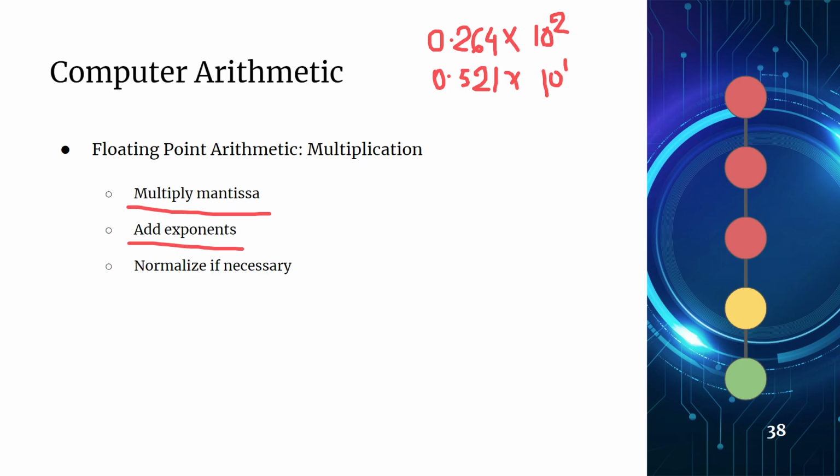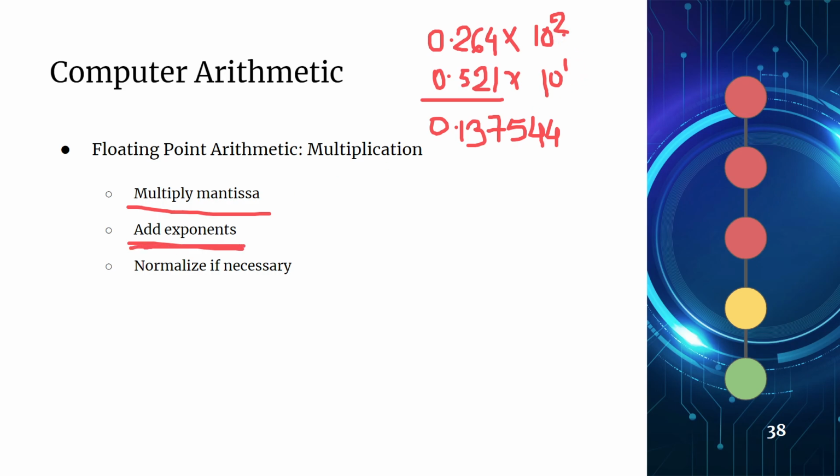If we calculate 0.264 with 0.521, by multiplying these two, the answer we get is supposedly 0.137544, and then it says to add the exponents.